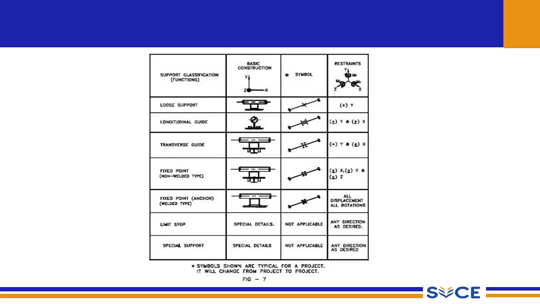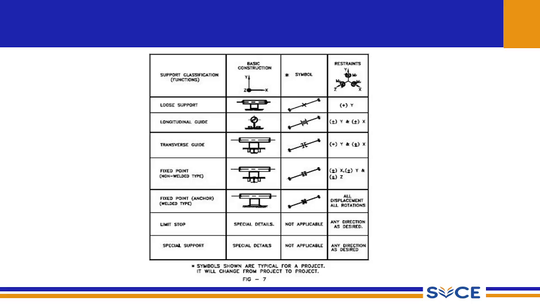So here we can see that as per the orientation of the picture, the pipe can move along the Z direction, that is on the positive Z and the negative Z, but it does not move on the Y or the X direction. So this longitudinal guide is placed in such a way that it allows the movement along one particular direction only.